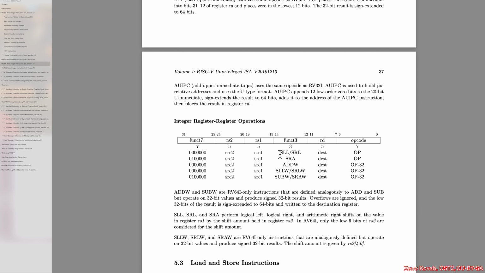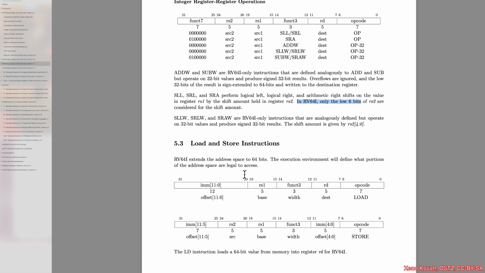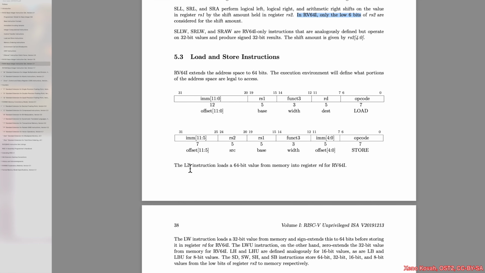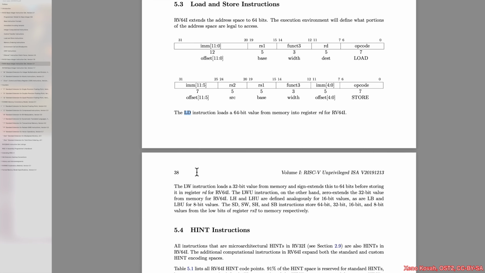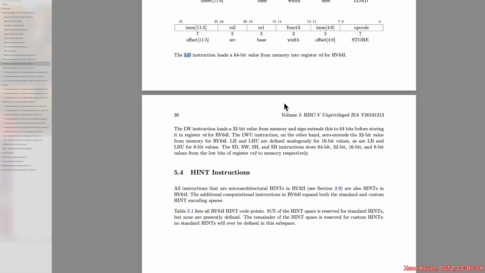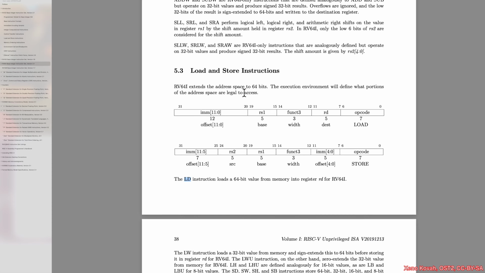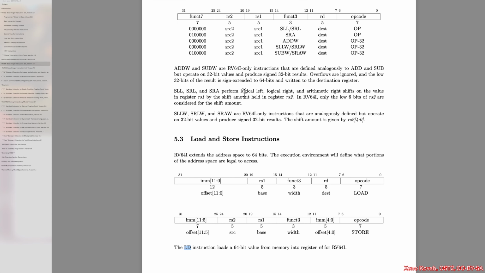The only reason they're included is to confirm that in RV64I, it's only going to use the lower 6 bits of the source 2, because now we're dealing with 64-bit registers. Then we've got our load and store, which in the context of 64-bit are going to be load and store doubleword. And then we're down to hints. So that's it. Basically 4 pages for the only stuff you need to know for 64-bit.